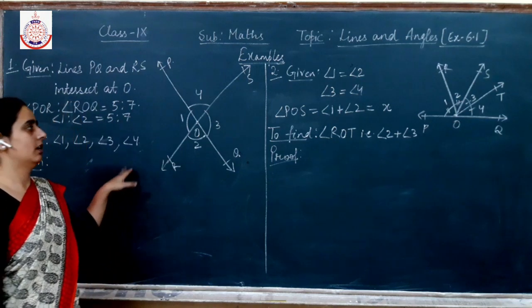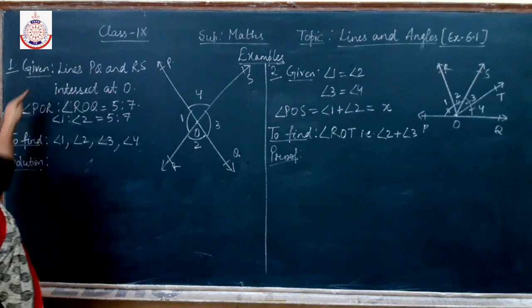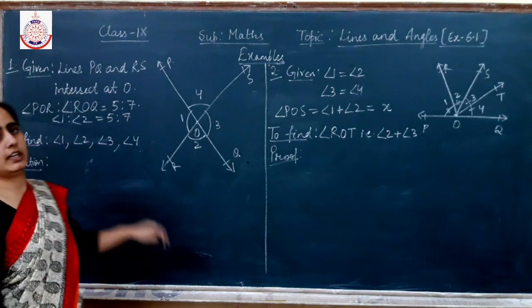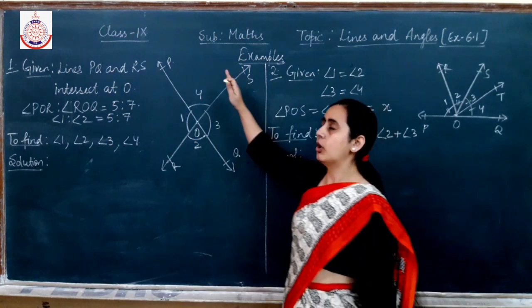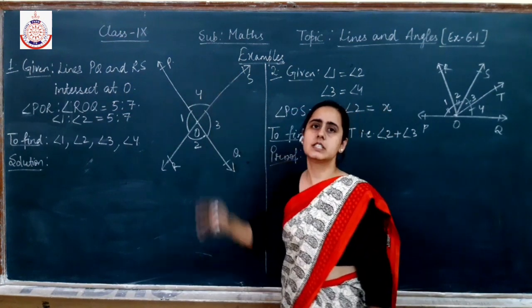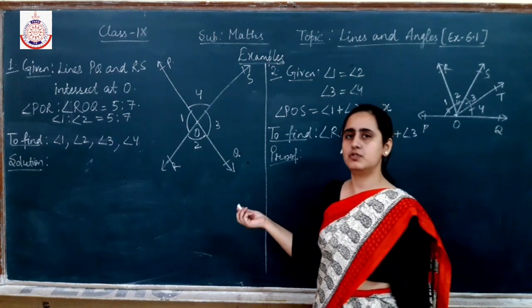Drawing the figure is a must, then writing the given, to prove or to find, then the solution or the proof, because CBSE gives step marking. So this way you have to attempt any question of geometry.